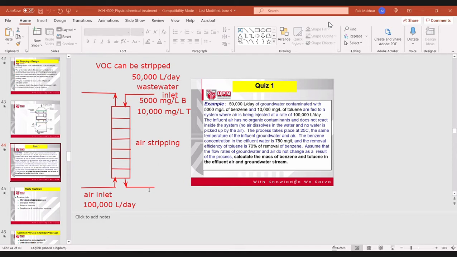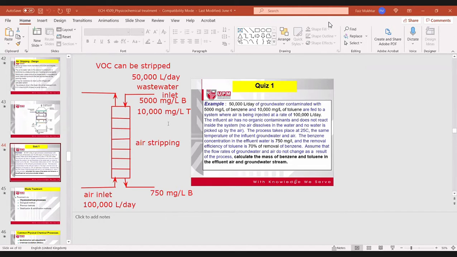So effluent water is down here, 750 milligram per liter of benzene. And the removal efficiency of toluene is 70% of removal of benzene. All right, so these are the information that you need to know, that Jimmy told you.